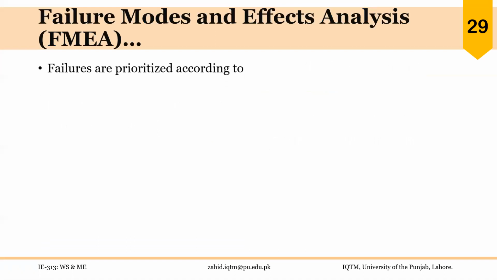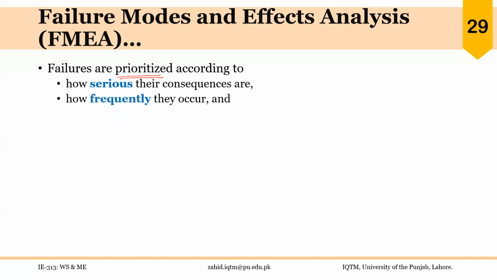What could be the effect of the failure modes? Failures are prioritized, just similar to Pareto analysis. Here also, we prioritize the failures according to three factors in the case of FMEA. First one is how serious the consequences of failure modes could be if they occur. Second is how frequently the failure modes may occur, the frequency.